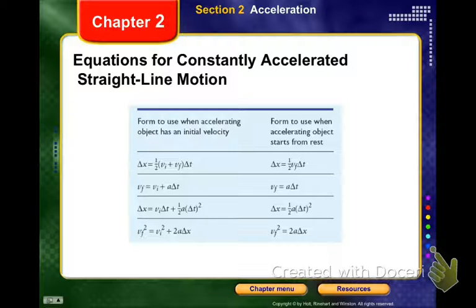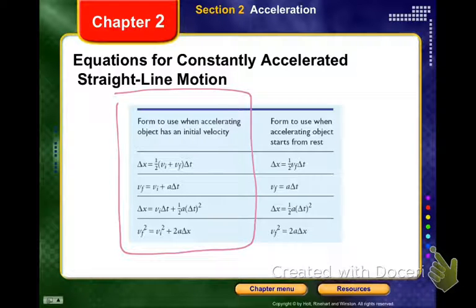On this slide, if we're looking at the equations, this first one is for when your object has an initial velocity, so it's not starting at 0. But on this second set, they have just taken this equation and given you the version where your initial velocity is 0.